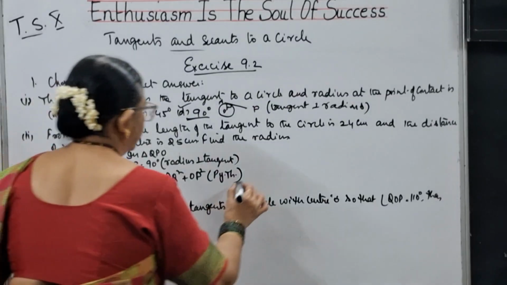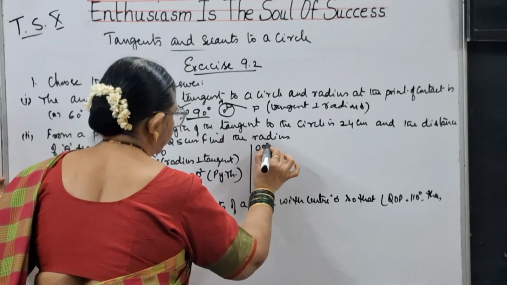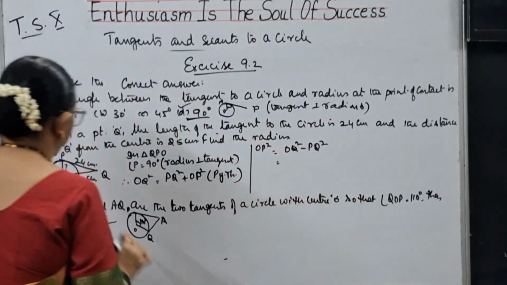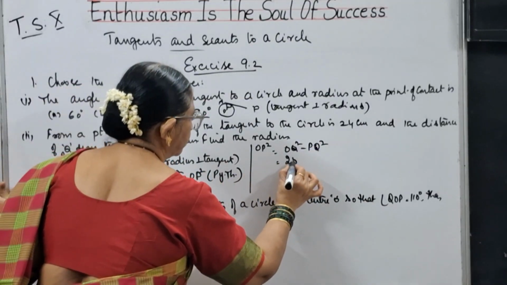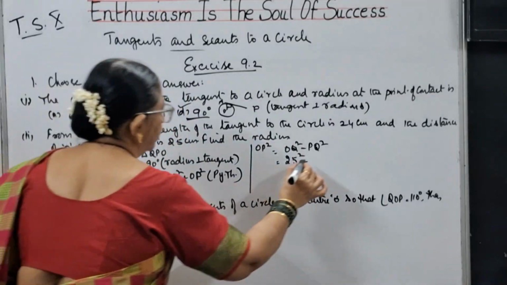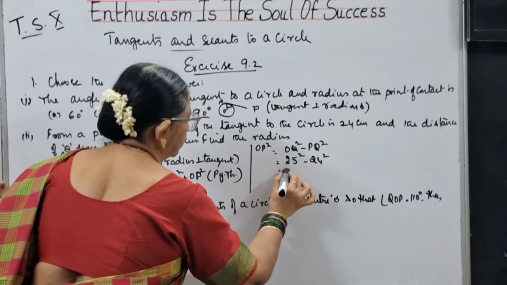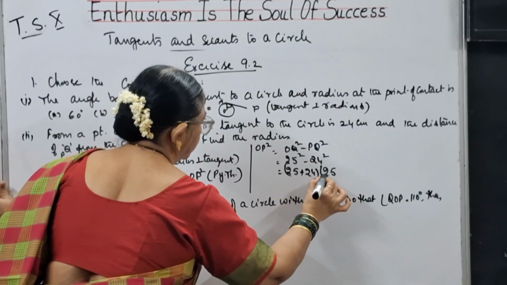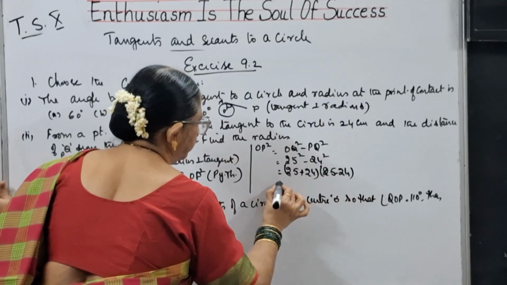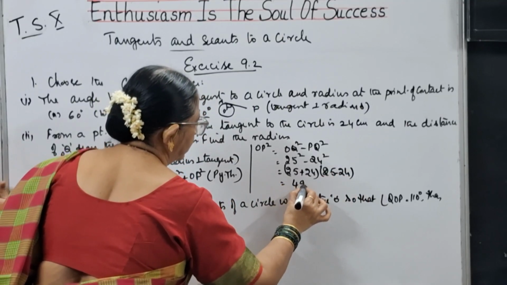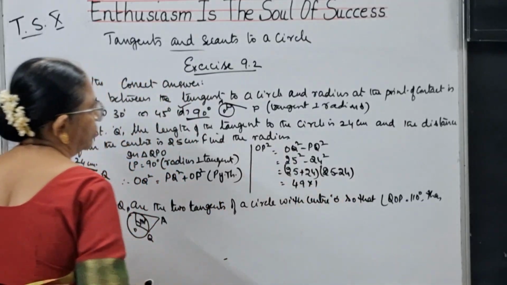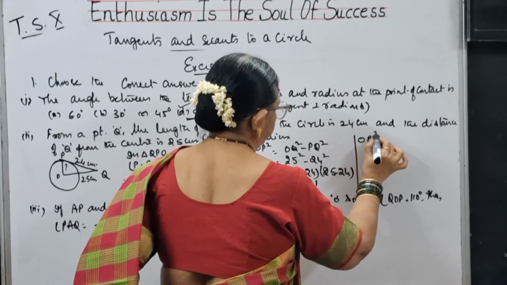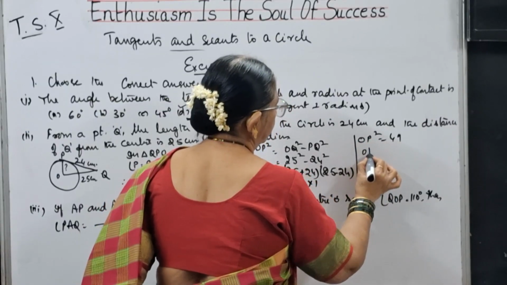We want OP, so OP square is equal to OQ square minus PQ square. OQ is 25 square minus PQ is 24 square. That means 25 plus 24 into 25 minus 24, a plus b into a minus b. This is 49 into 1. So OP square is equal to 49.